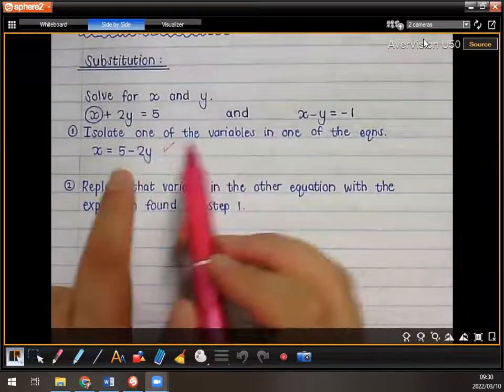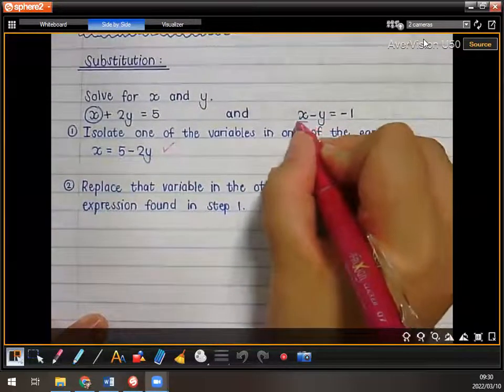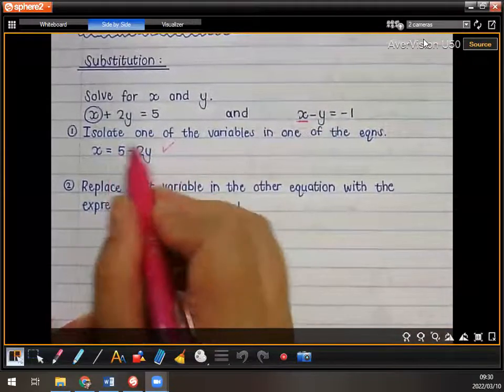Okay, so I found x, right? I isolated x. So now in the other equation, we're going to replace the x with 5 minus 2y, right?